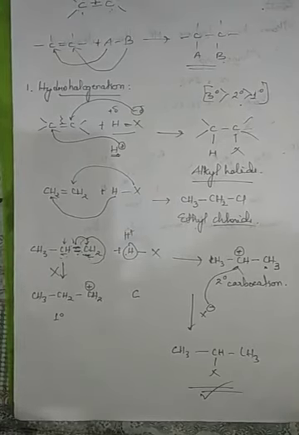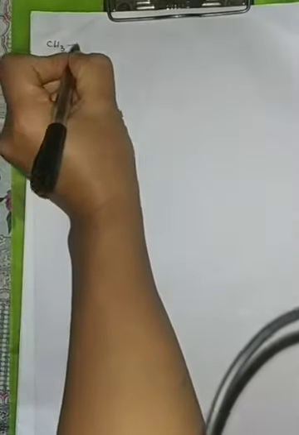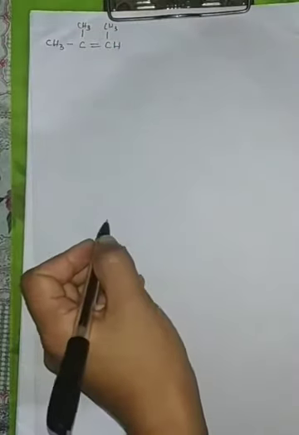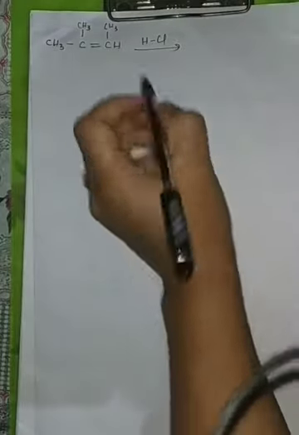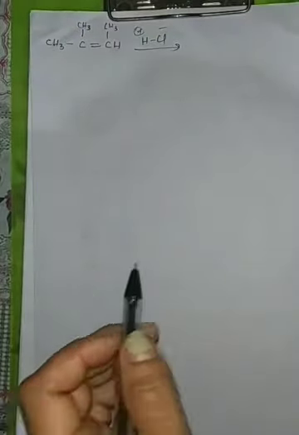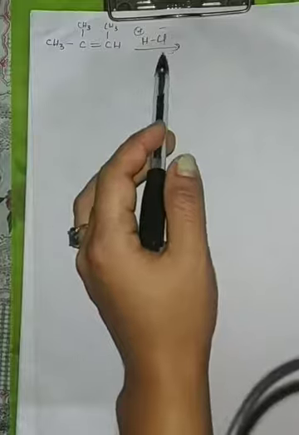Now let's check some more reactions. Let's check another example, unsymmetrical alkenes: CH3 C double bond CH, and then CH3 and CH3. Now this is an unsymmetrical alkene. When we take hydrogen halides, this will be H plus, this will be X minus. The H plus, the electrophile, attacks the carbon according to Markovnikov's rule: the H plus attacks the carbon atom having the more number of hydrogen atoms.